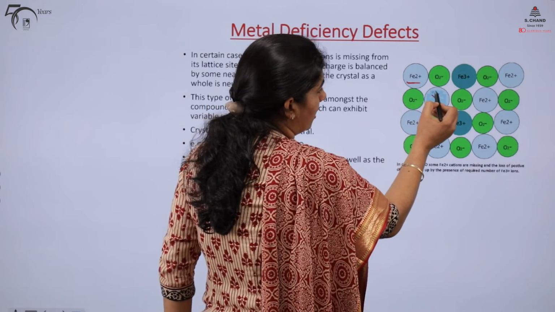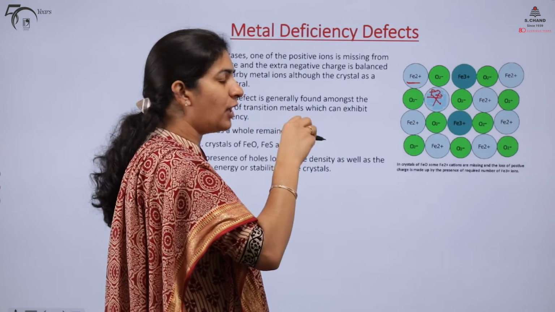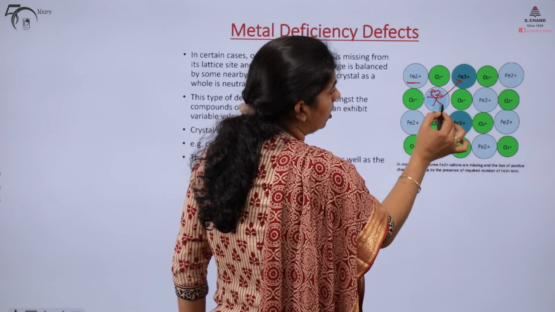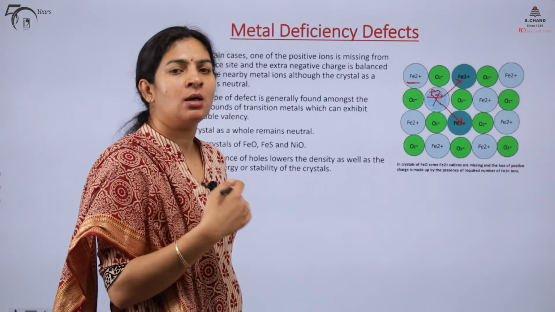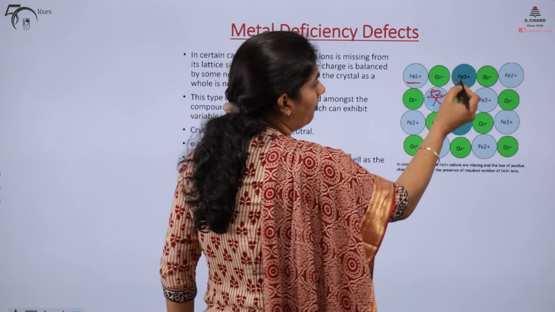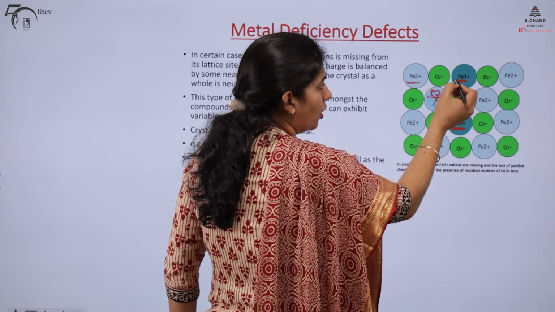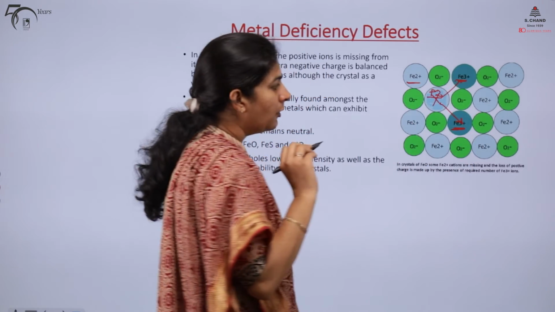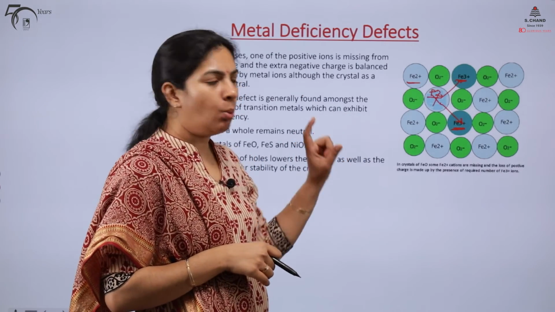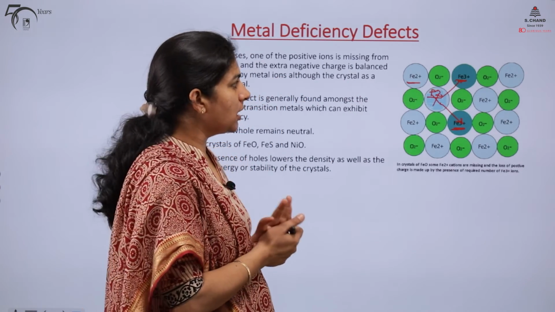Had this Fe2+ ion been here, we would have +2 charge over here. Now this +2 gets distributed to its neighboring iron and converts ferrous into ferric ions. So this also becomes ferric, this also becomes ferric. Overall charge is balanced, but one of the ferrous ions is missing from the crystal.